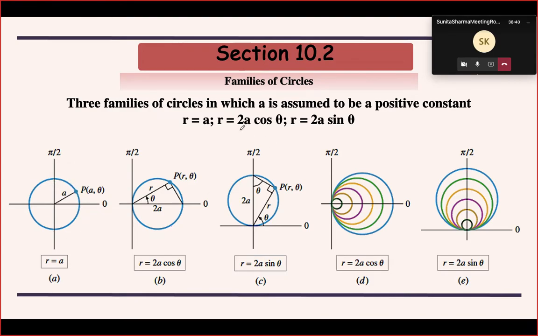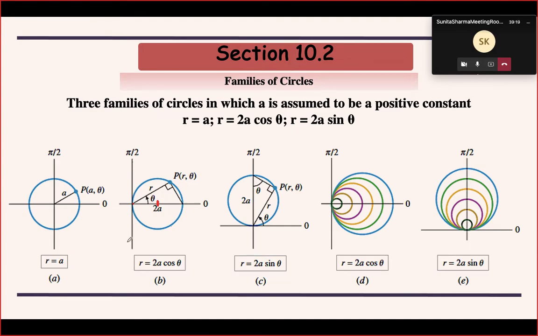Then the second category, when you have 2a cos theta as your equation, which means you have cos theta multiplied with some scalar. When you have such expressions, your circles will have their centers on the polar axis, or the theta equals 0 line, and the radius will be half of this number. Obviously this is the diameter, so you will start from here.